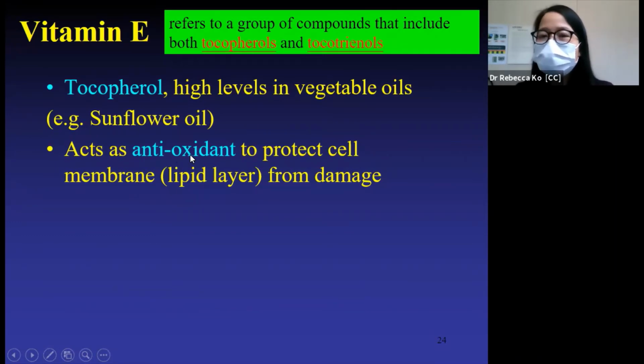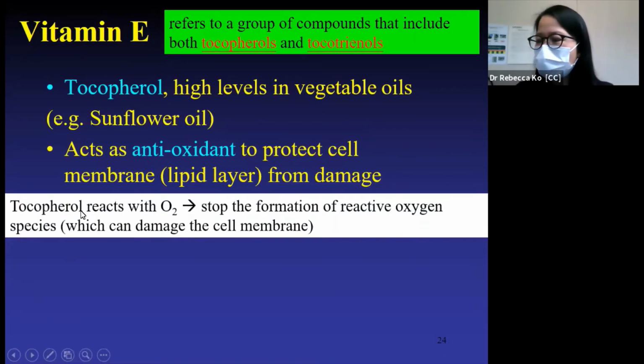It acts as an antioxidant. How does it achieve that? The idea is simple, but I don't think you need to know the details. Tocopherol reacts with oxygen, and after that, it will stop the formation of reactive oxygen species. This reactive oxygen species will damage the cell membrane.